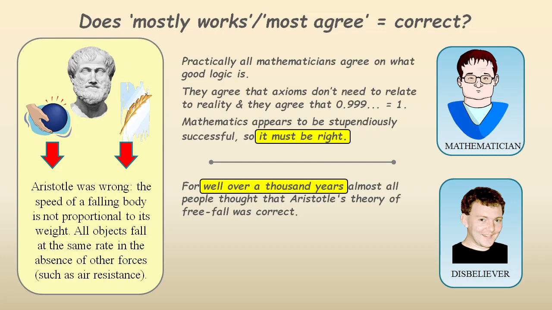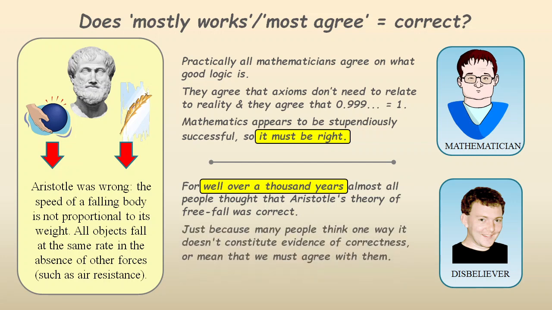And there are many countries in the world today where most people appear to believe that the scriptures of certain religions are correct and accurate in the real world. And so yes, a consensus of opinion might be very persuasive, but it doesn't constitute proper scientific evidence of correctness, and that's what really matters.